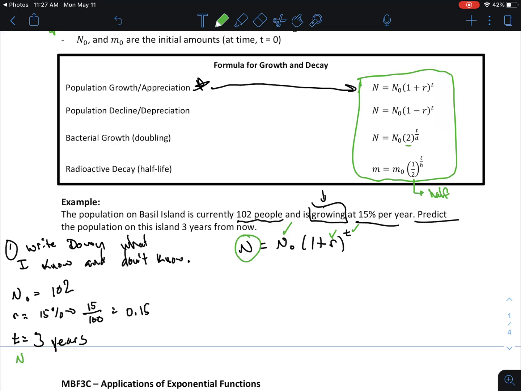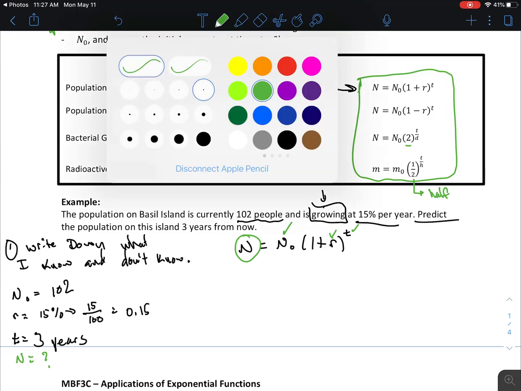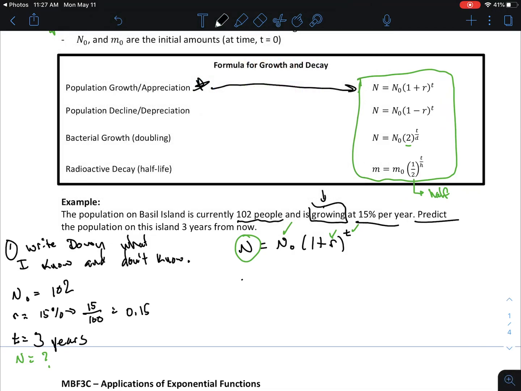That's all you're doing. You're just selecting the correct equation that's going to give you the right answer, okay? So the last thing you want to know is you're going to write down N equals question mark. That's what I want to know.